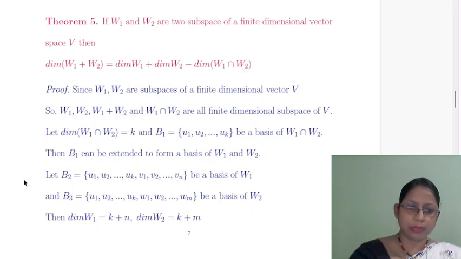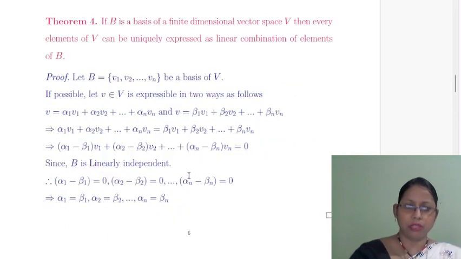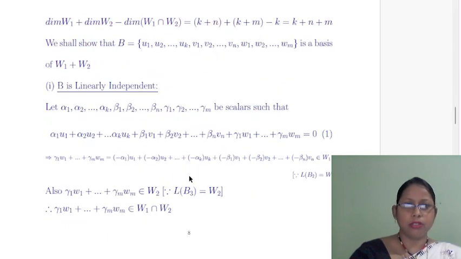As B2 is the vectors u1, u2, dot dot dot uk, p1, p2, dot dot dot pn, their linear combination is given as gamma 1 w1 plus dot dot dot gamma m wm.